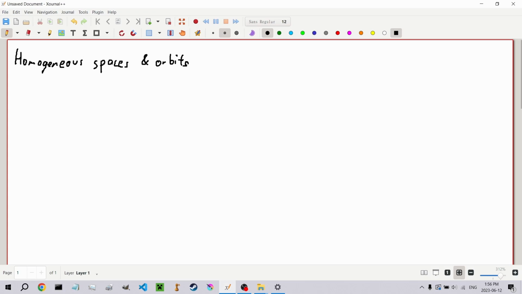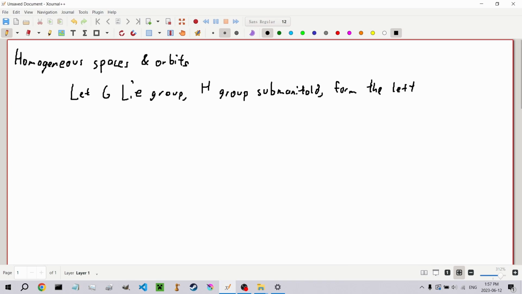So our setup, we're going to let G be a Lie group, H a group submanifold, and we are going to form the left coset space of G over H.